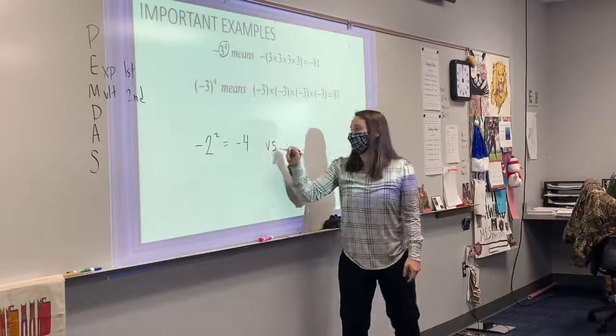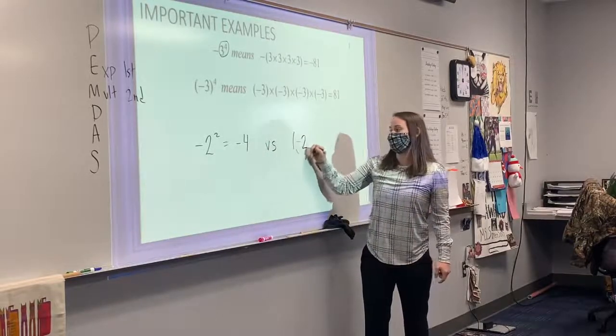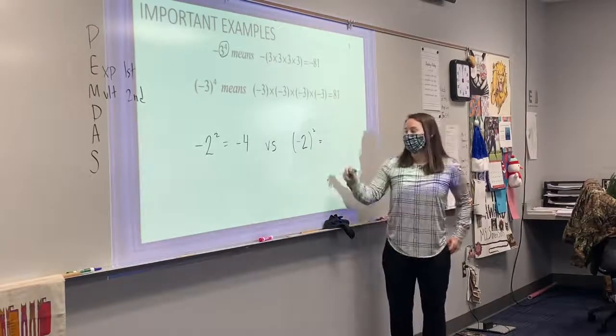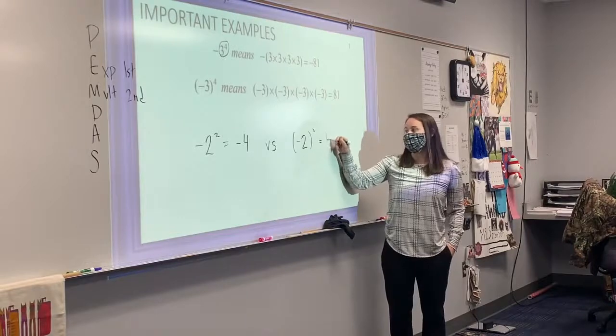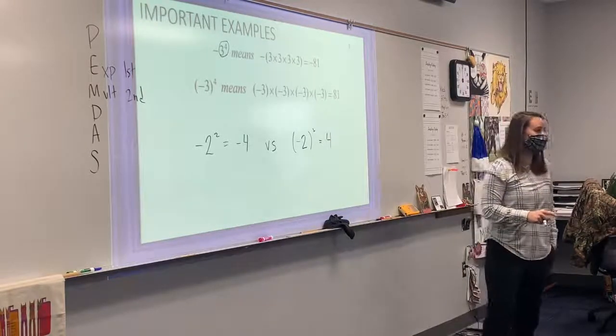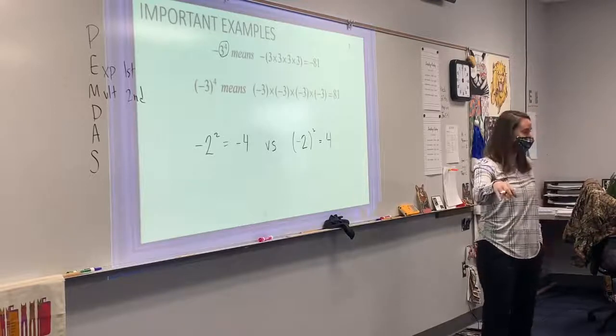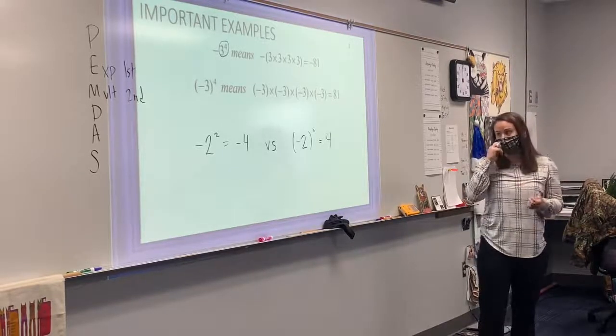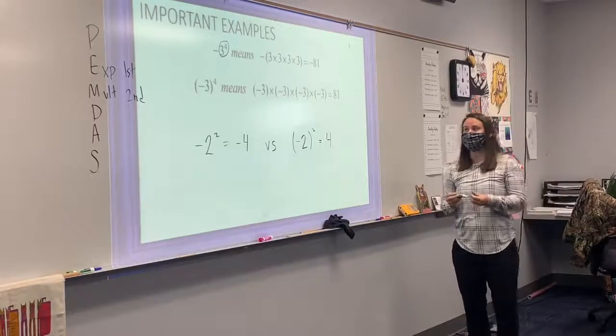Versus, if you do (-2) squared in your calculator, what will you get? Positive 4. The reason this is important has to do with when you substitute into an equation. If you forget your parentheses, you will get your answer wrong, especially if you're plugging in a negative number.